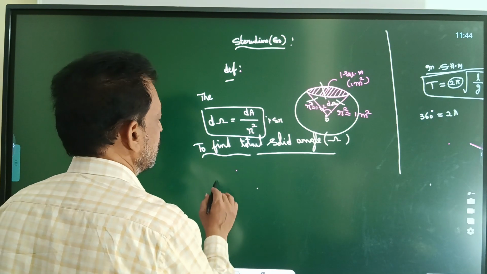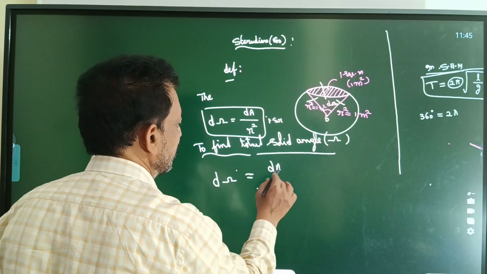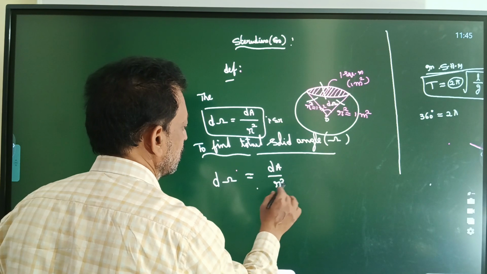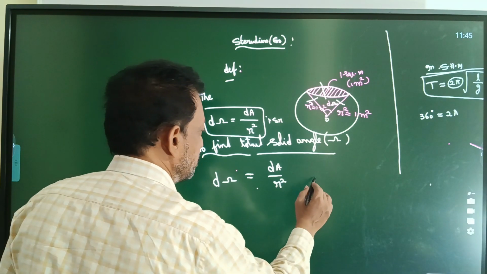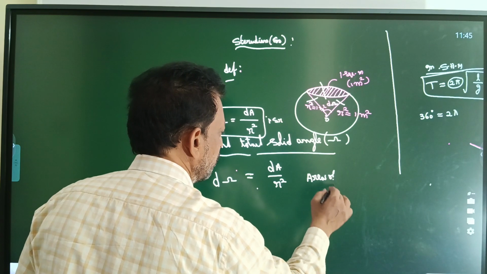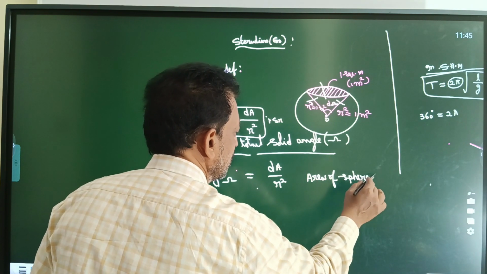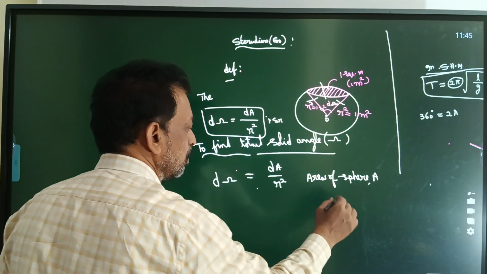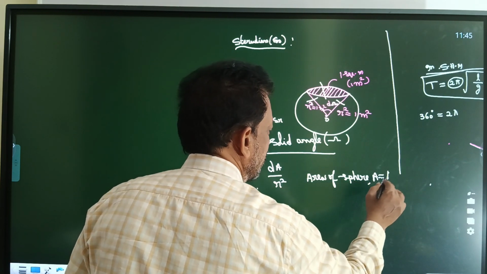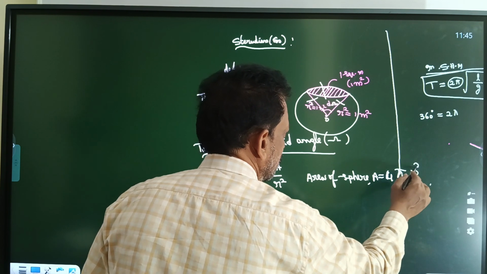So d omega is equal to small area by r square. What is the area of the sphere? Area of the sphere, A, is equal to 4 pi r square. All of you know 4 pi r square.